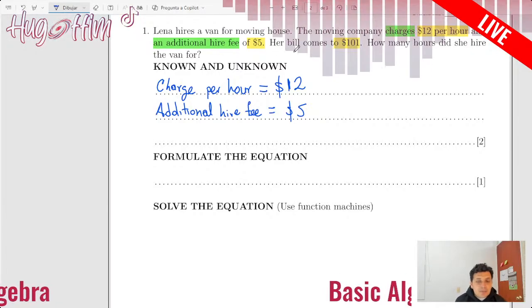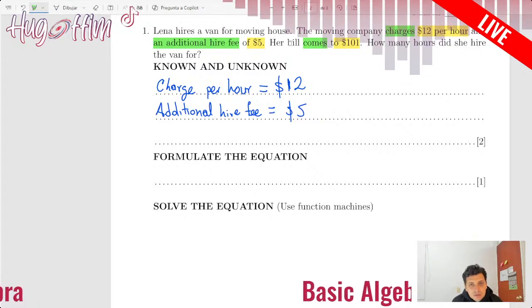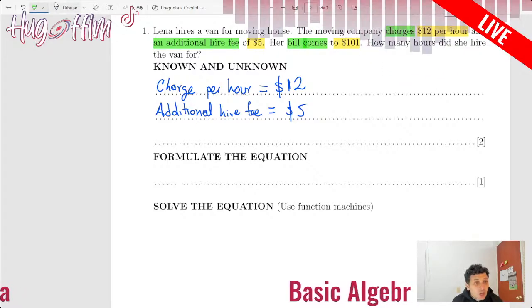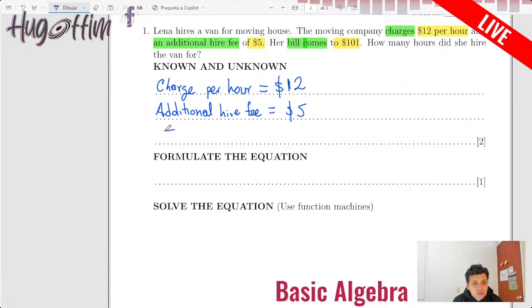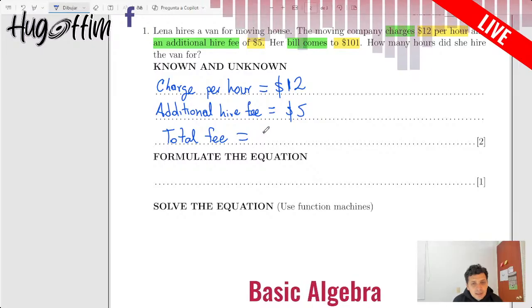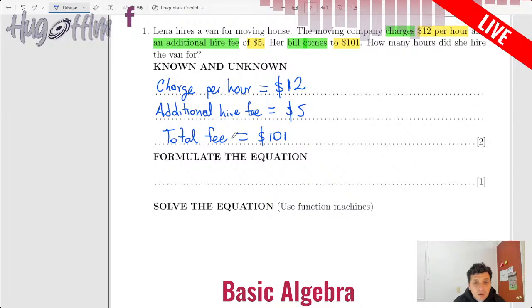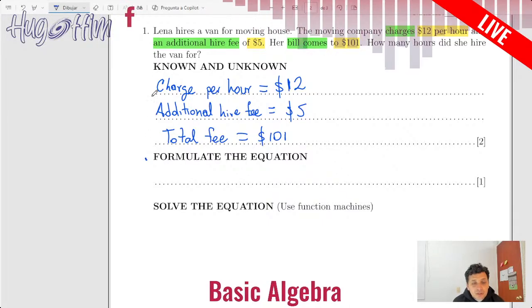And now it says her bill comes to 101. Her bill comes to, so it means that the total, right? The total fee is $101, right? So now what I'm going to do is to formulate an equation using this information.